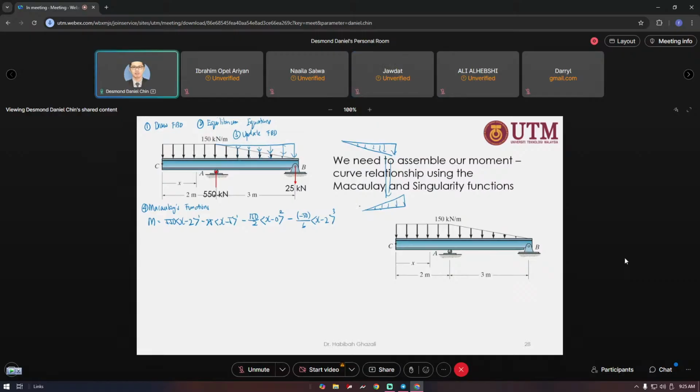Okay, but nonetheless, this is just for illustration. No matter how, this is the original one, right? So you need to get the gradient. So the gradient is actually 150 minus 0 divided by 2 minus 5. Oh, minus 5, sorry, thank you.